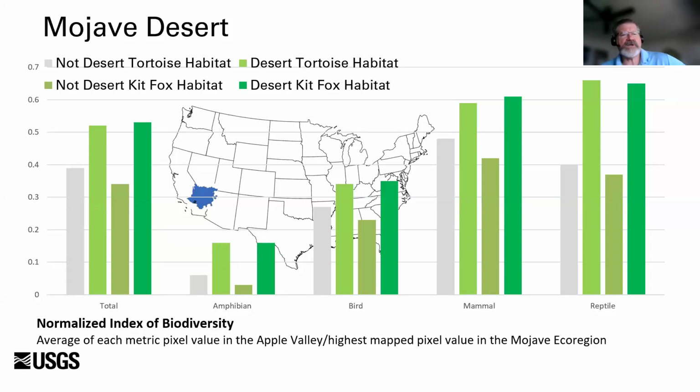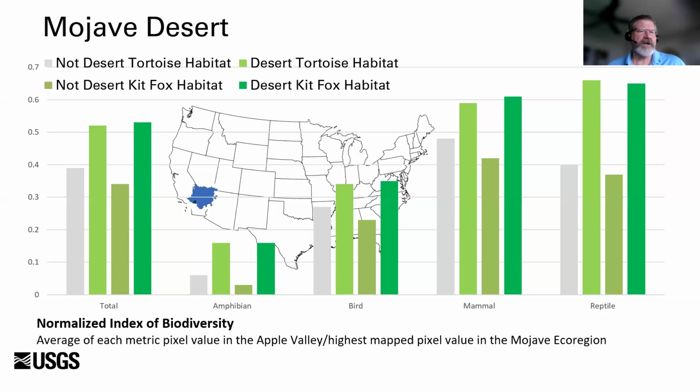Then we had the opportunity to do a little analysis just in the Mojave Desert. For the town of Apple Valley, they did a multiple species habitat conservation plan. And they were wanting to know about 2 key species in these areas, the desert tortoise and desert kit fox. And so with our data, we were able to look at it.